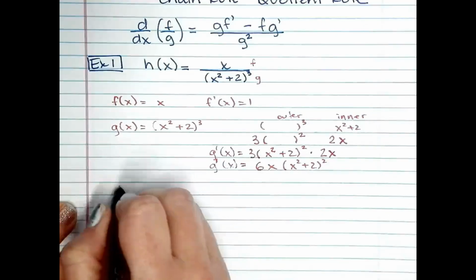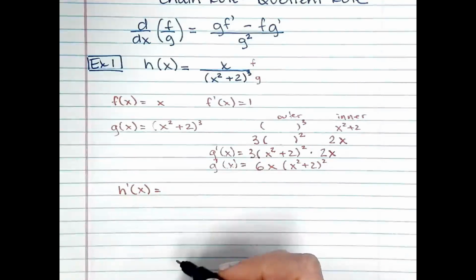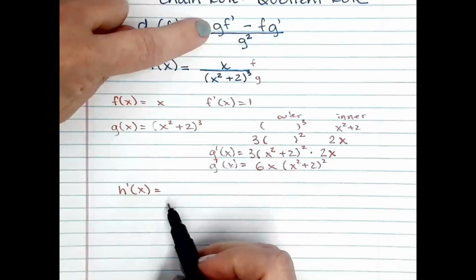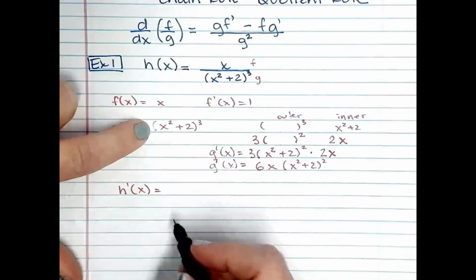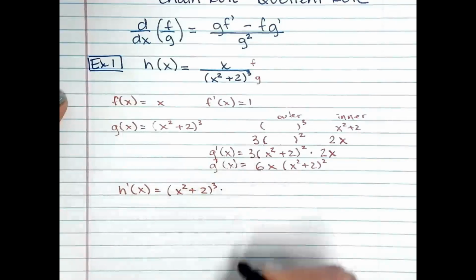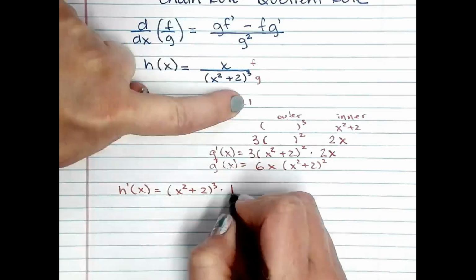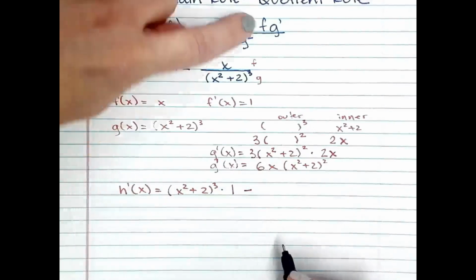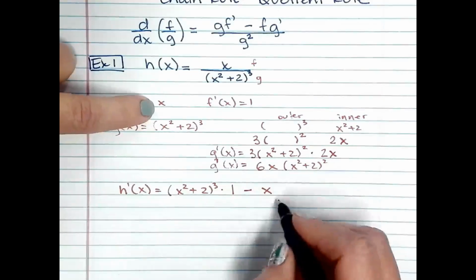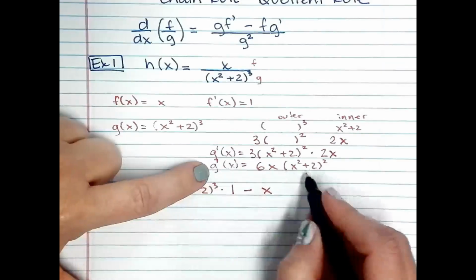So the derivative of function h will be the g function, g is that one right there, times f prime, so f prime is just 1, minus f, which is just x, times the derivative of g, that whole thing right there.